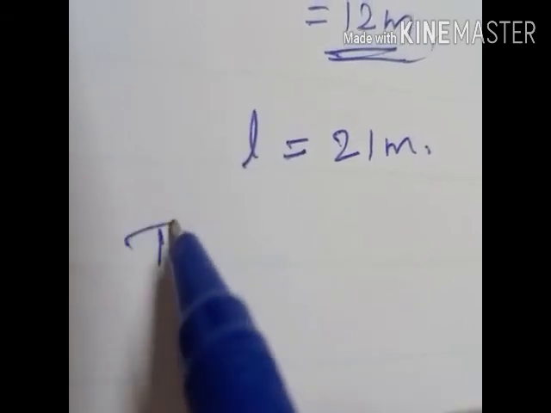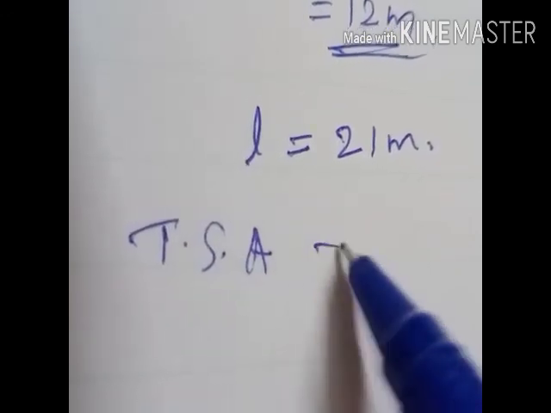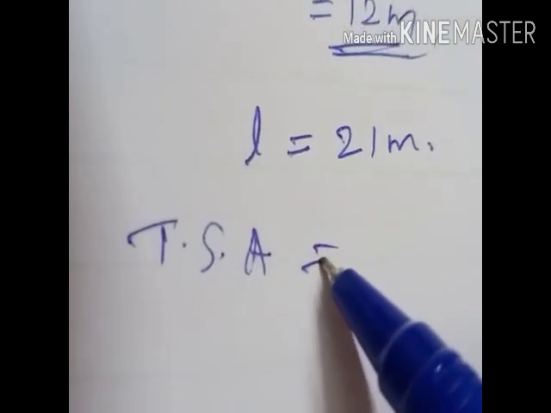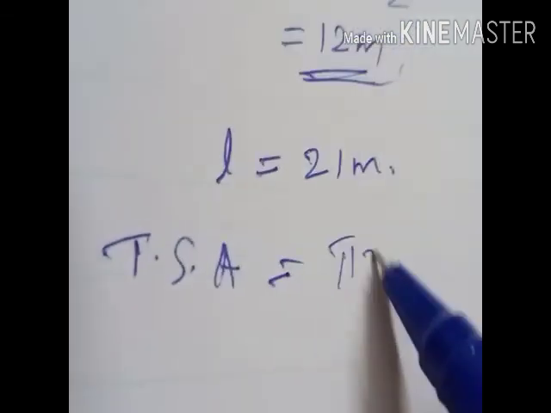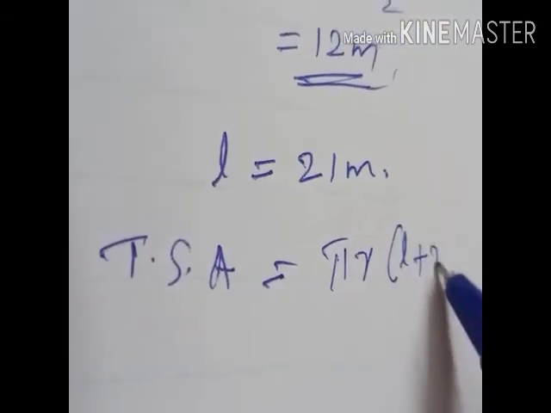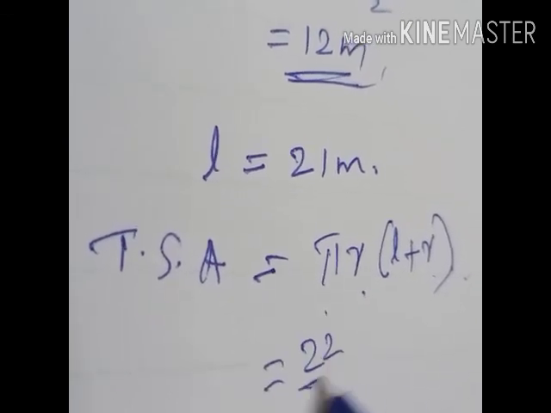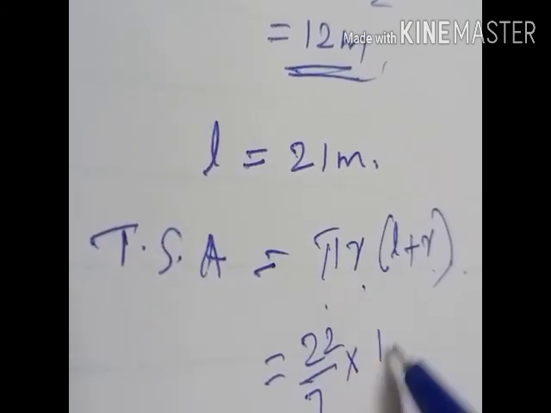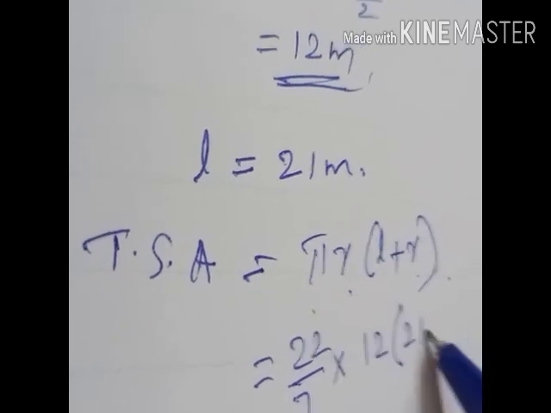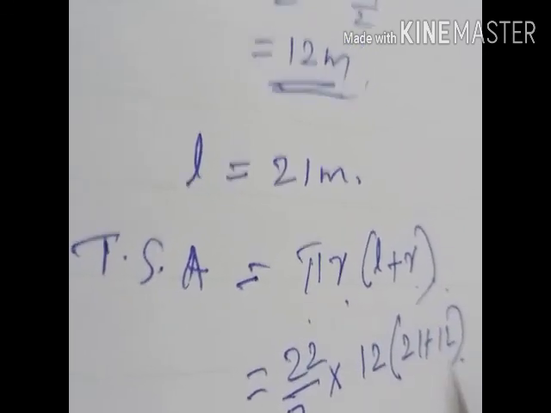Then we have to find the total surface area. What is the equation for total surface area? Pi r into L plus r. So 22 by 7 into 12 into 21 plus 12. Okay.